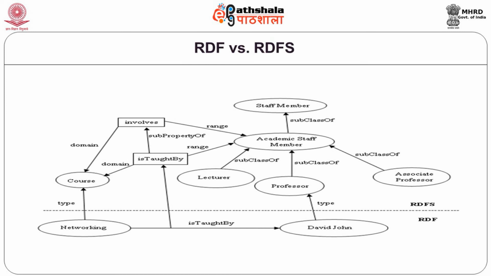You have RDF, that is a statement like networking is taught by David John. This is the actual data you have to represent. But to describe that data, you can have a schema in RDFS, using the RDFS foundations or techniques, to create the vocabulary to describe this kind of data, like here, networking is taught by David John.